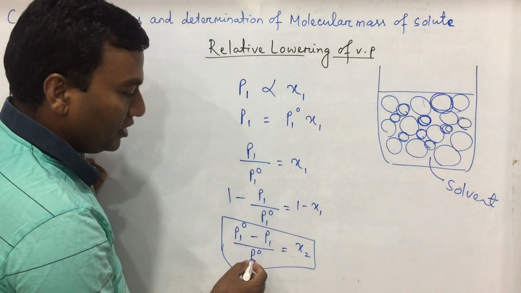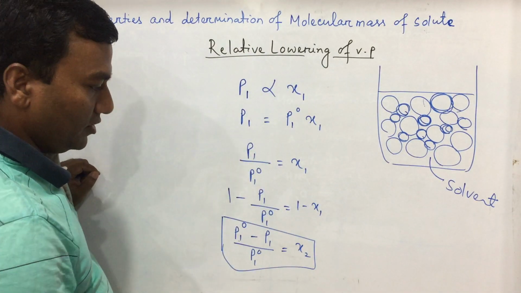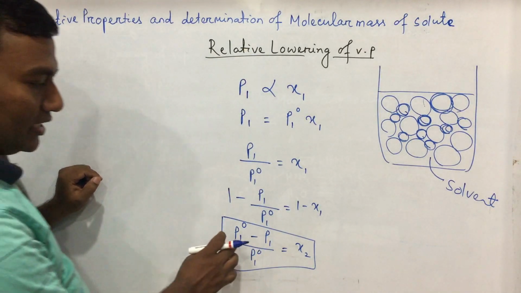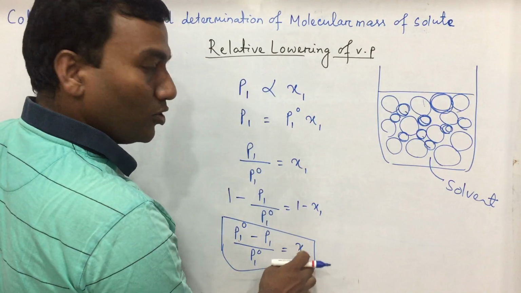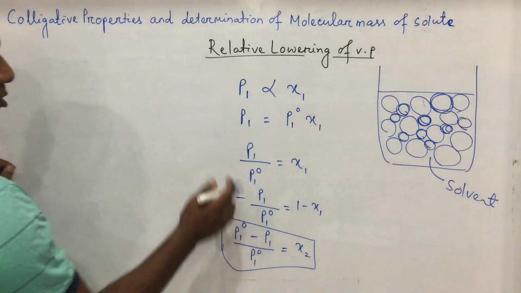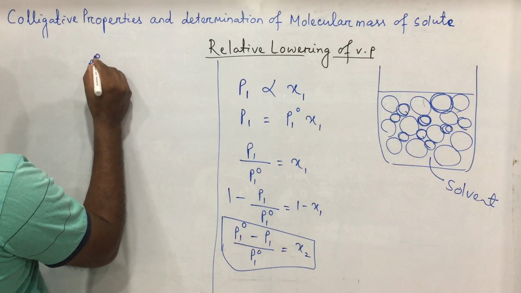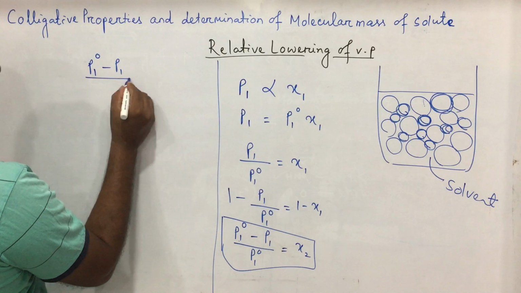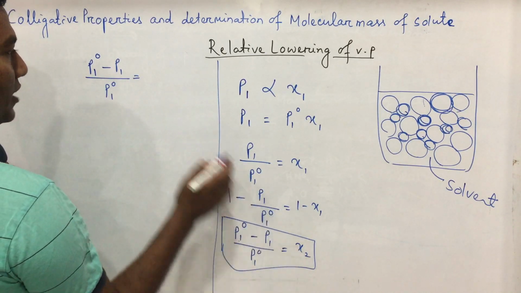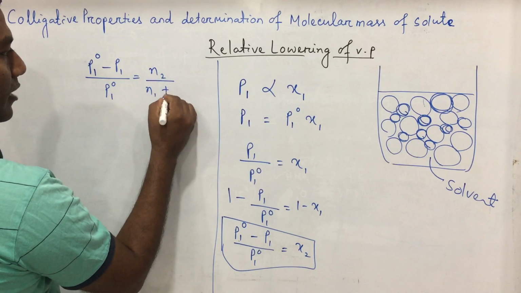Divided by the original, this term is called relative lowering of vapor pressure. So relative lowering of vapor pressure equals the mole fraction of solute. Clear? This formula we can also write as (P1 naught minus P1) by P1 naught equals X2, which is n2 divided by n1 plus n2.